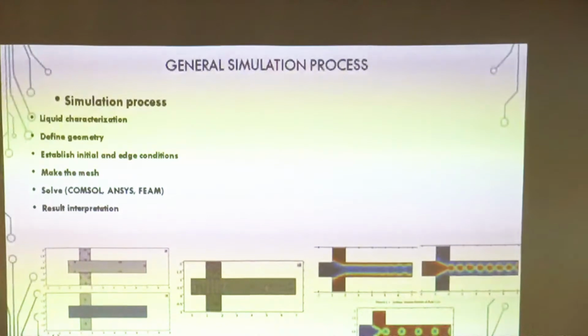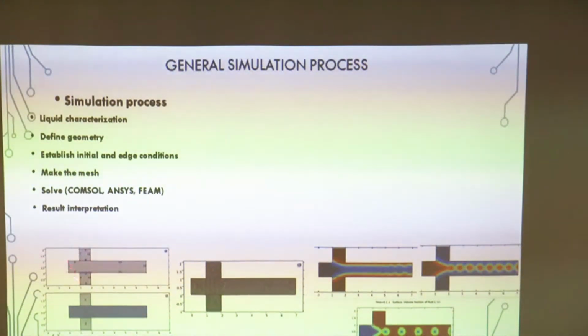What is the general simulation process? We use the finite element method to simulate the process of the microfluidic drop formation. We use COMSOL as a software, and the general process is depicted here. We first use the liquid characteristics that are involved in the simulation. So you need to perform first the liquid rheological characterization.